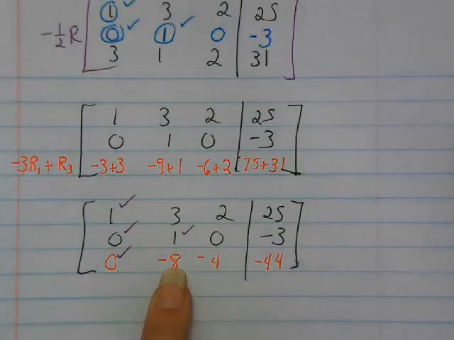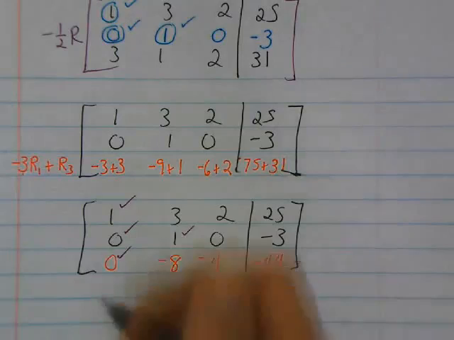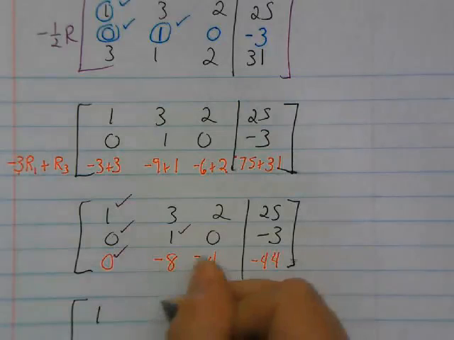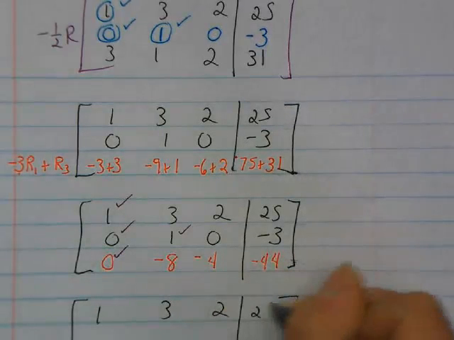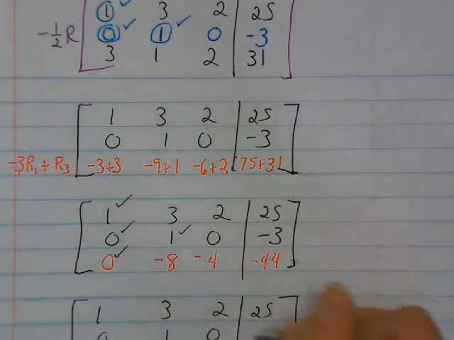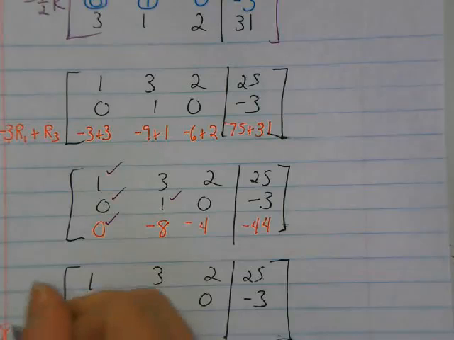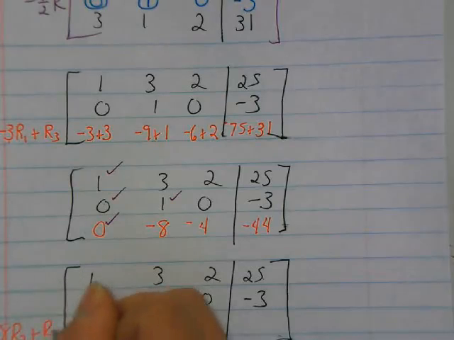Well, can't I do 8 times row 2? Alright, let's see what that'll look like. And I know we're running over, so I'm going to try to go quick. So if you guys will just bear with me. We'll do the video tonight, we won't do any practice. Alright, so we're going to do 8 times row 2 plus row 3.